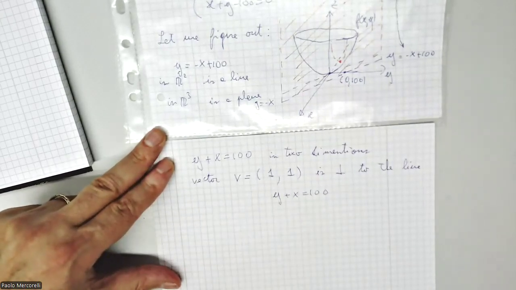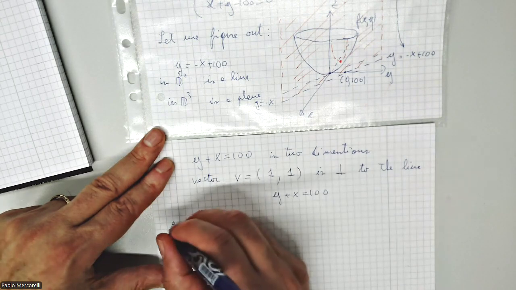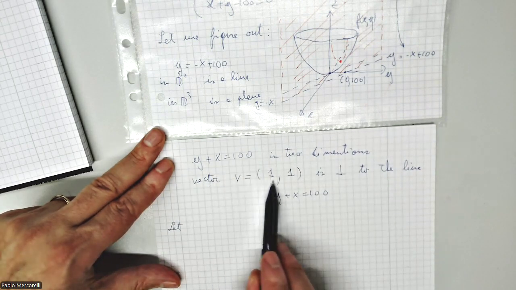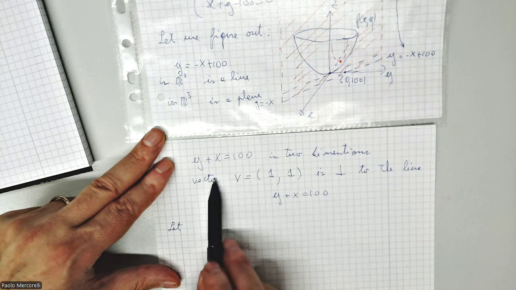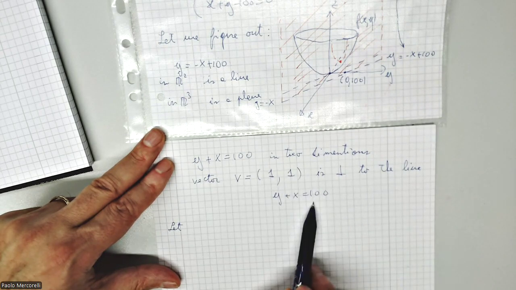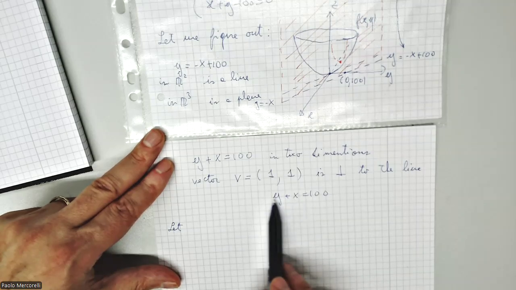Now, let me consider the z-axis. Did you agree on this? I told you why: this coefficient here, this coefficient here is the gradient.